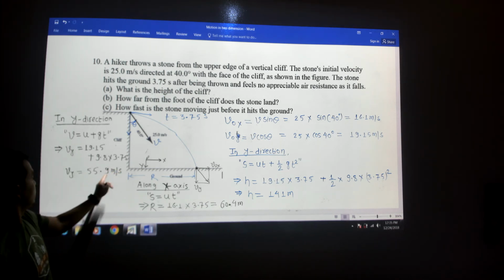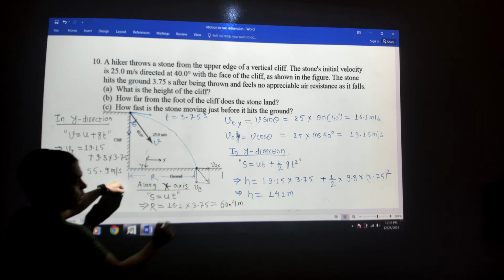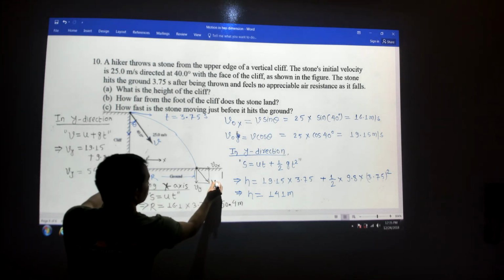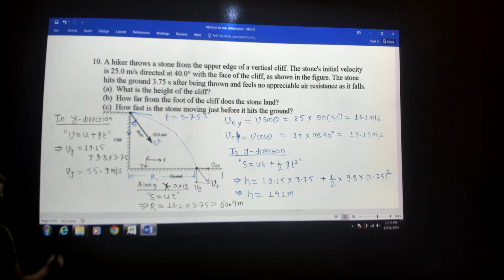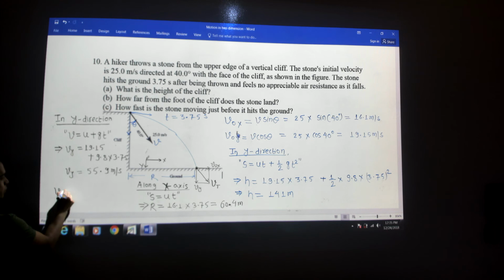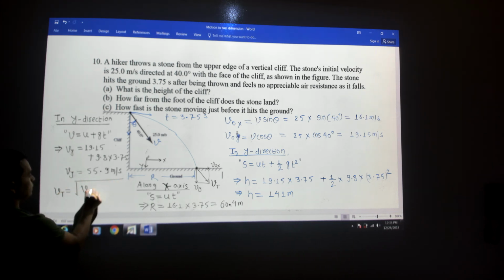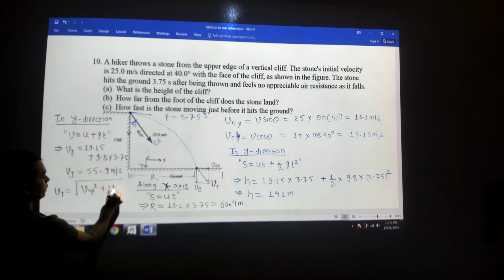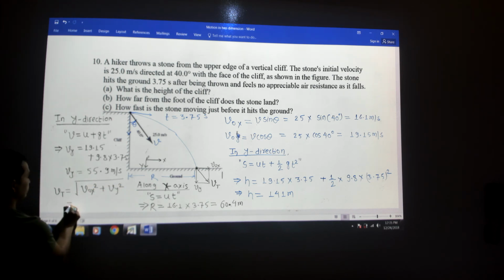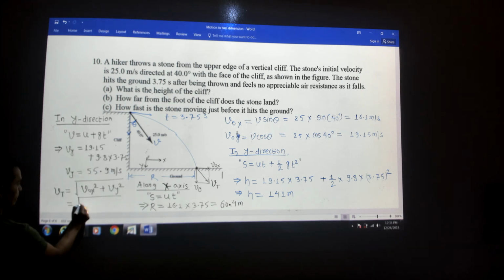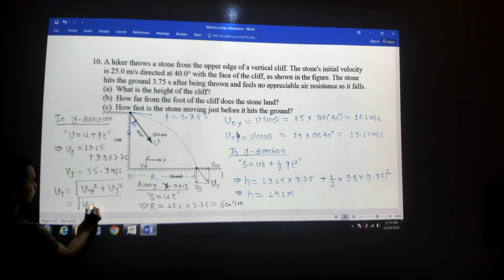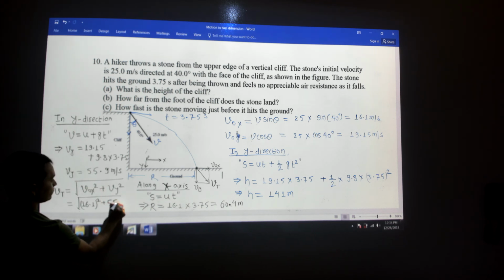Okay, so we calculated that, and this is the velocity v here. I would call it v total. So the v total is simply equal to the square root of v0x squared plus vy squared. v0x is 16.1 squared and vy is 55.9 squared.